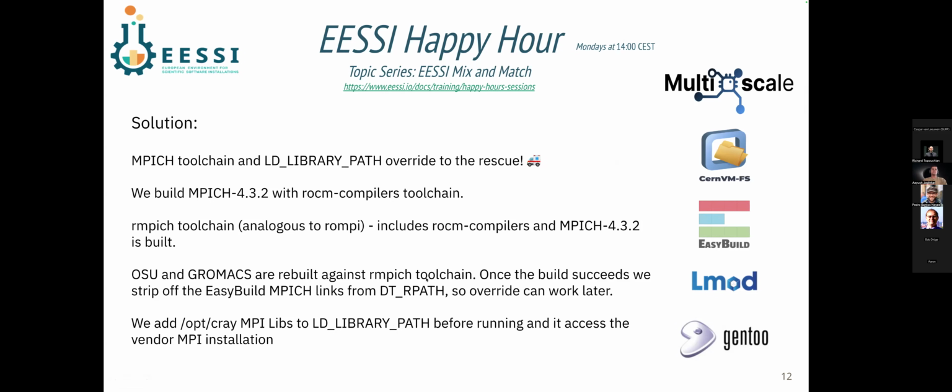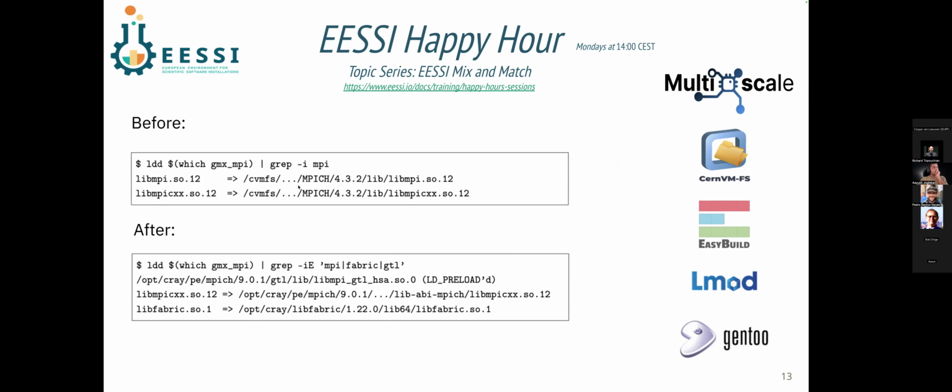And the performance of EasyBuild is now very similar to the vendor installations. Now, I have some code snippets which will show you what change happens when we do this interchange. Before, you can see that libmpi.so.12 was being linked to the CVMFS MPICH installations. And once we switch the LD_LIBRARY_PATH, these are now pointing to the /opt/cray installations.